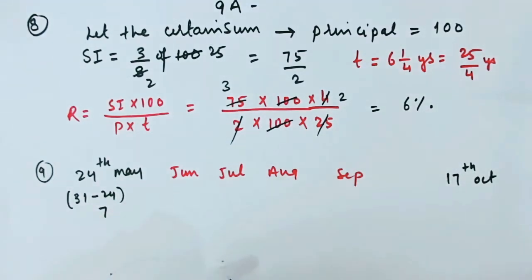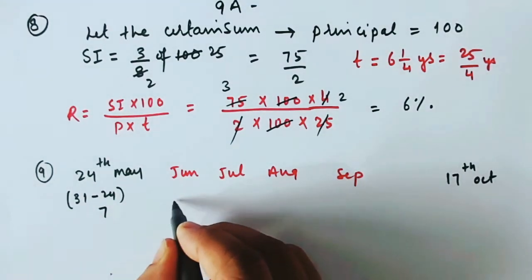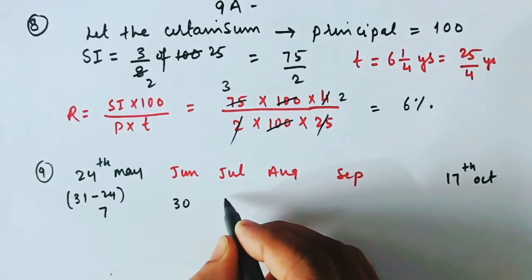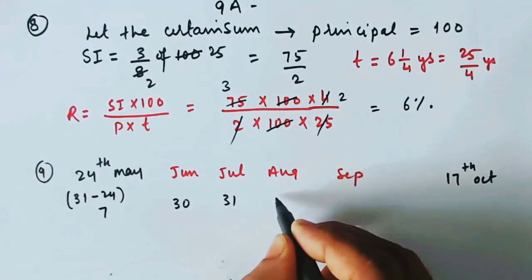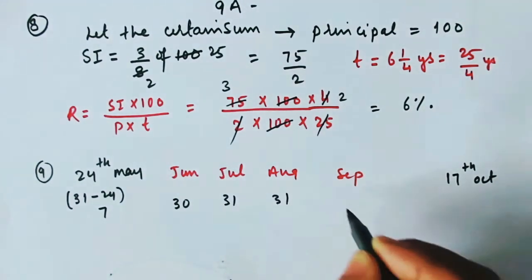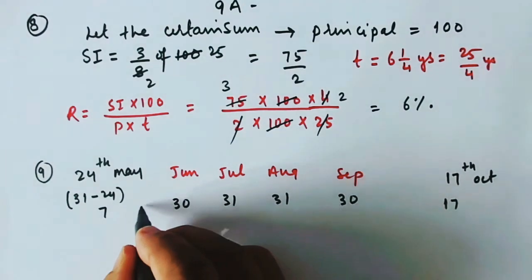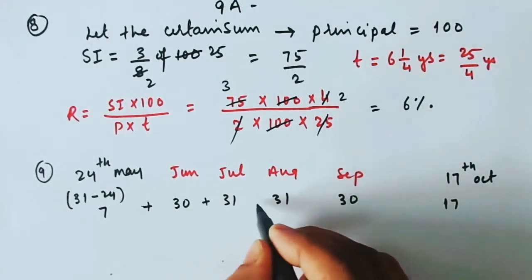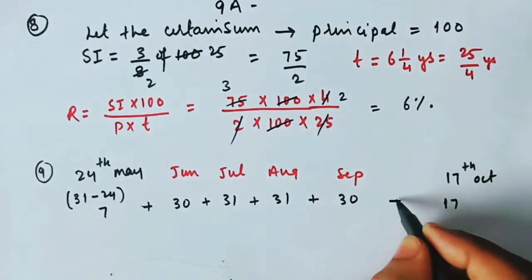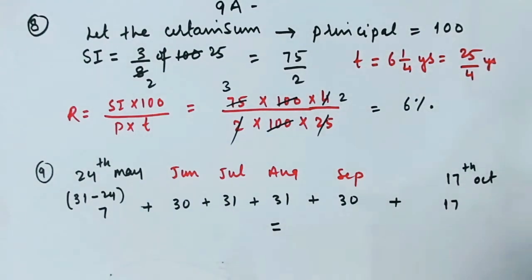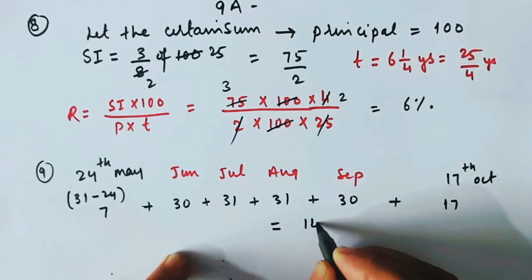June has again 30 days. July 31, August 31, September 30, October 17 days. When you count these days, my dear, what will you get? You will get the total number of days as 146.